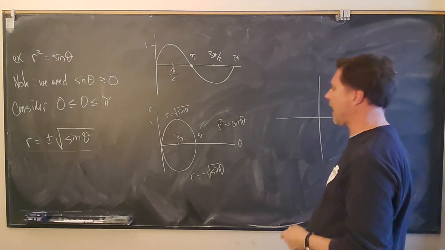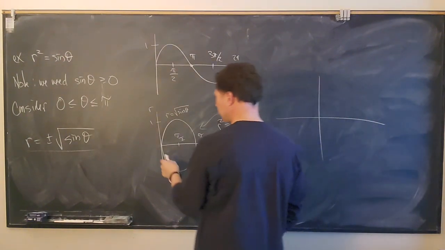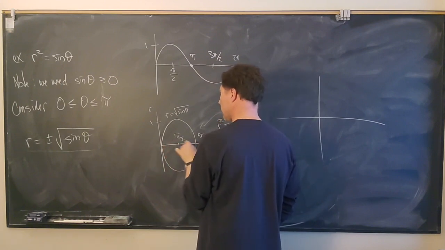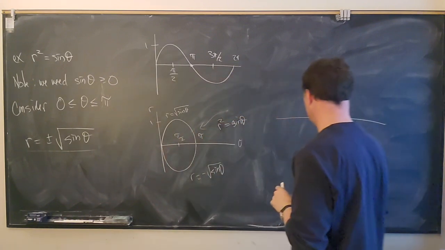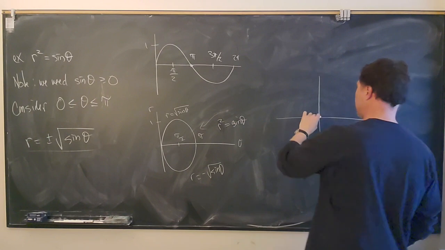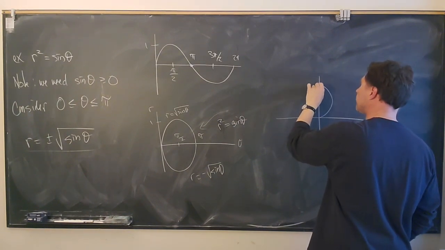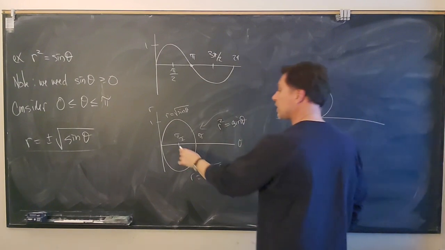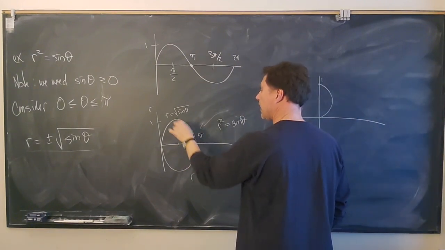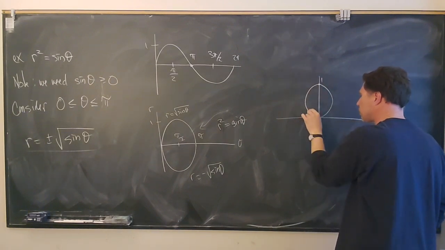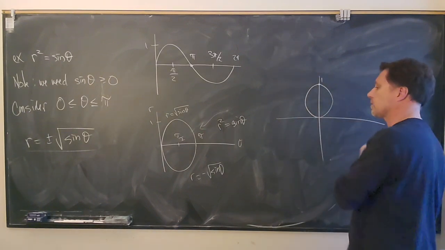And so let's see what happens, just focusing on the top half, as theta goes from 0 to pi over 2. What we have is a radius starting at 0, ending at 1. And then as we go from pi over 2 to pi, it's going from 1 back down to 0, right? So as we sweep out the first two quadrants, right, we get this.